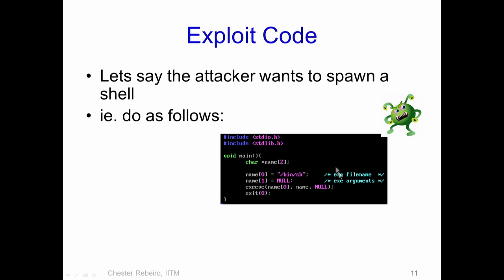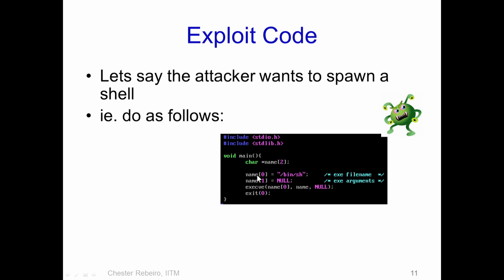Let us take a very simple example of the exploit code, which is shown over here. Essentially, this exploit code, which we call shell code, does nothing but execute a particular shell. The shell is specified by /bin/sh, and the function execve is invoked in order to execute this shell.